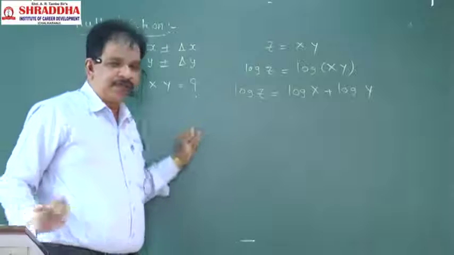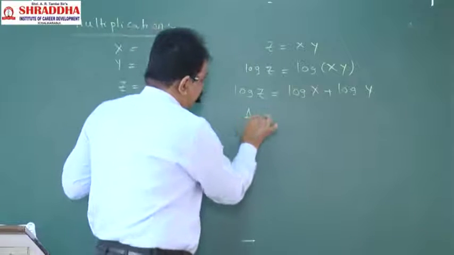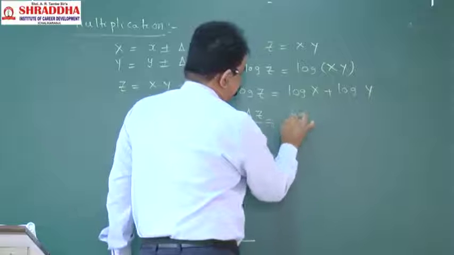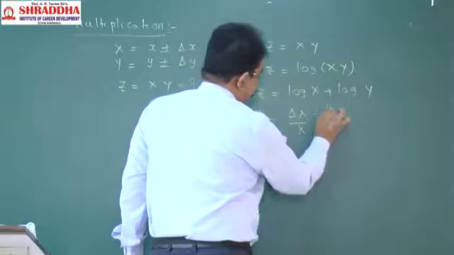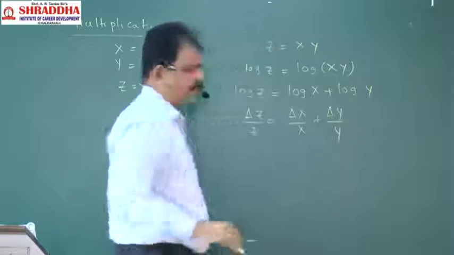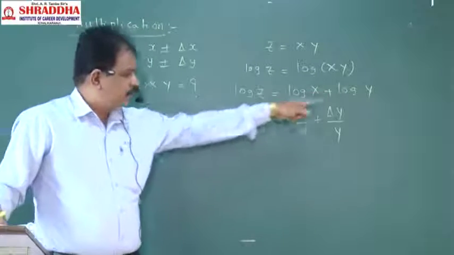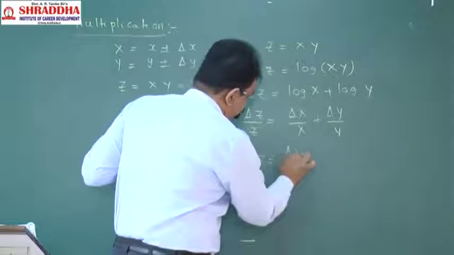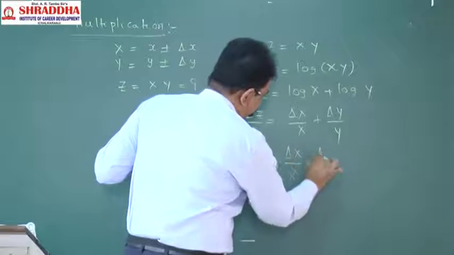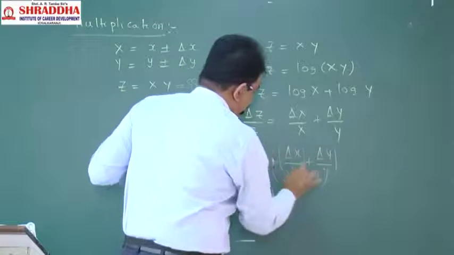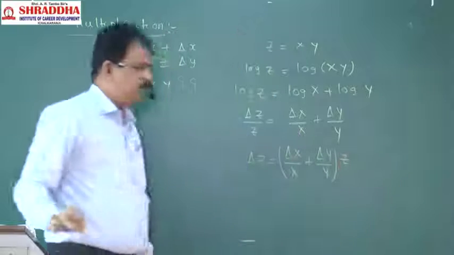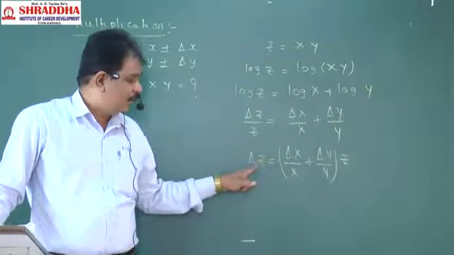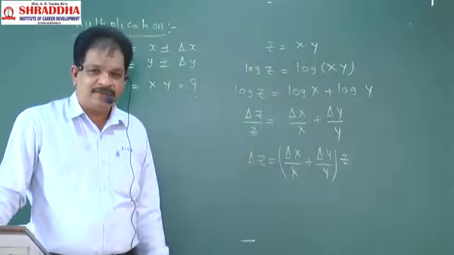Then if you differentiate, this value will be delta z by z, this value delta x by x, this value delta y by y. This z you bring to that side, then delta z is equal to delta x by x plus delta y by y, into z. This method we have to follow to find the delta z value.